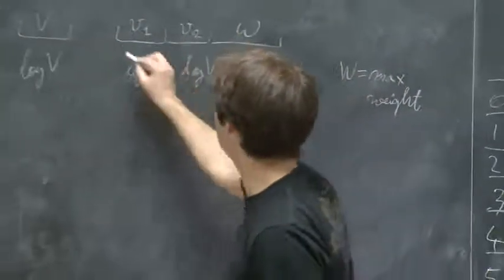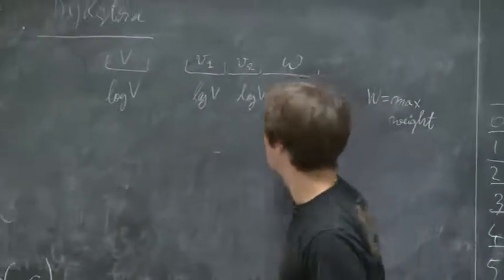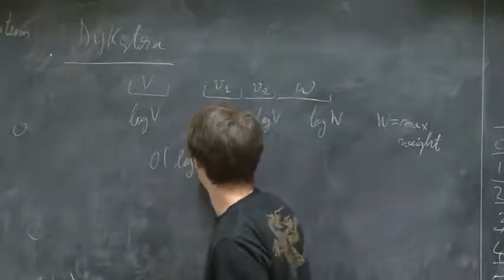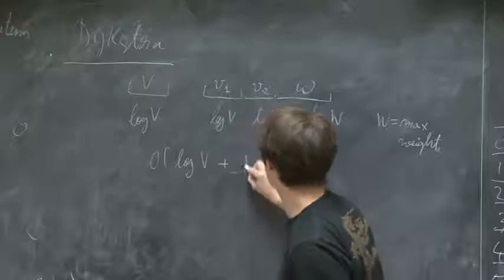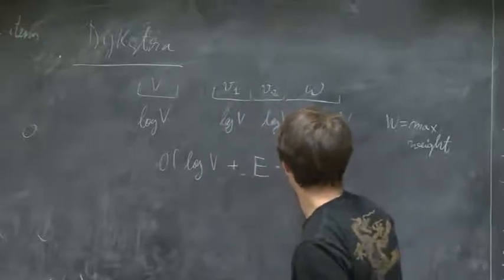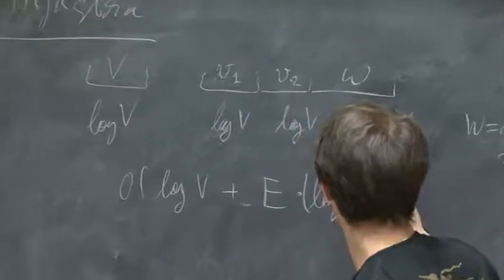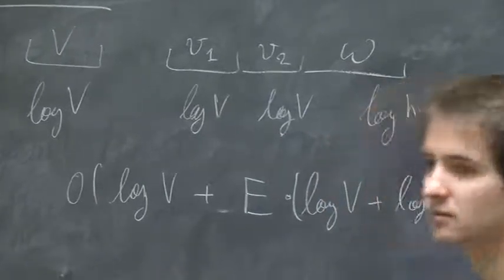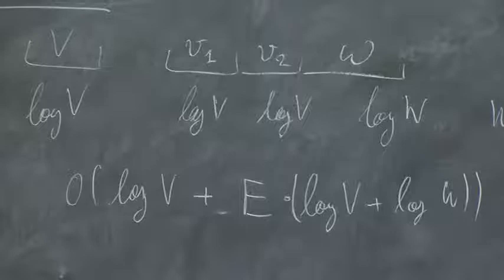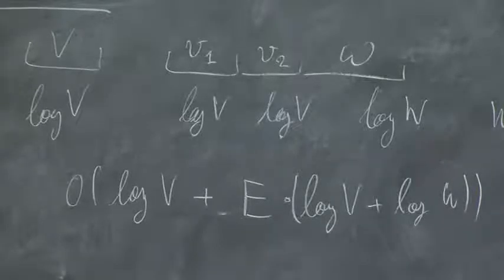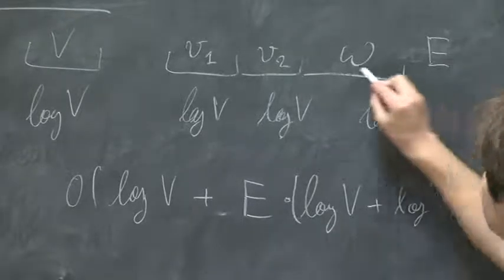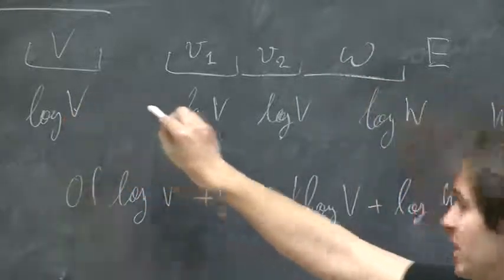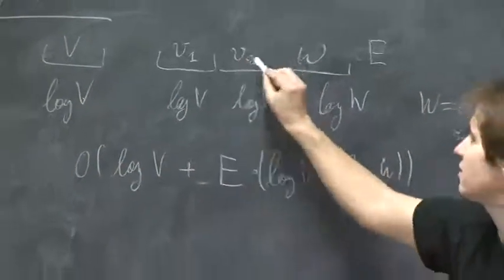So we have E edges here, right? So the input size is going to be log V bits plus E times (log V plus log V plus log W), because I have E edges. I only have one vertex count, but then I have E edges, and each edge has 3 numbers.